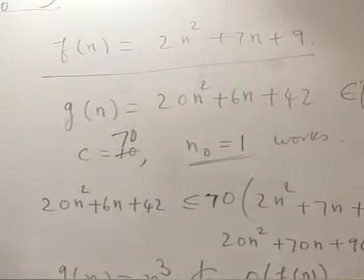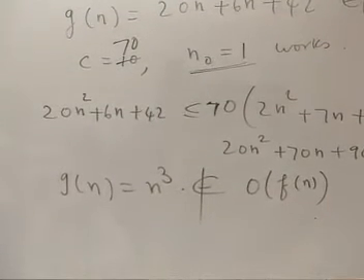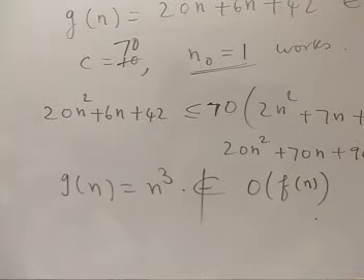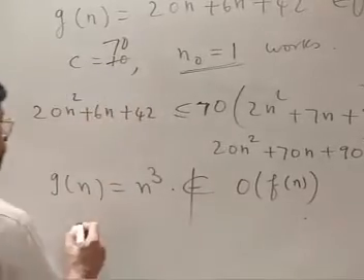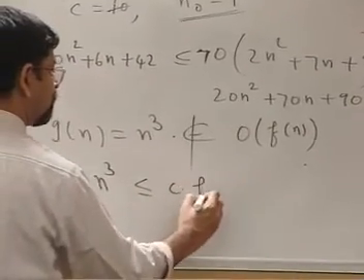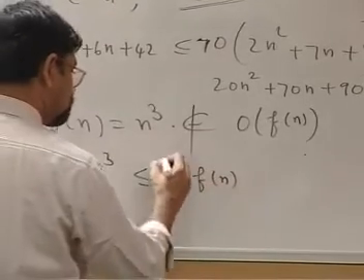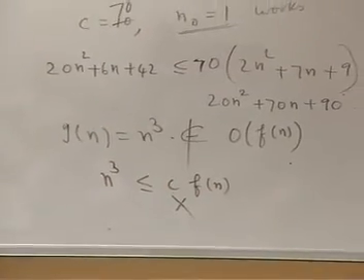In other words, you will never be able to find a constant such that n cube is less than or equal to constant times f of n. Such a constant you will never be able to find.